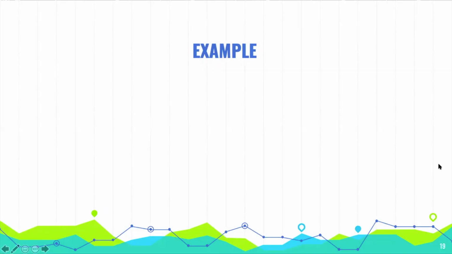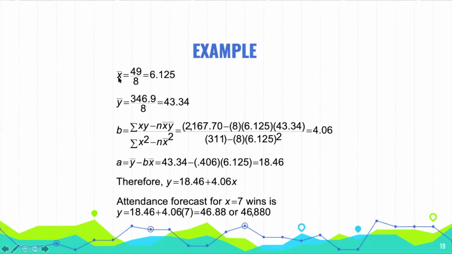And the mean for x is 6.125. That would be the total divided by the number of independent variables, which is 8. The mean of y is 43.34. We compute for the slope of the line as this one. So b is the slope of the line.